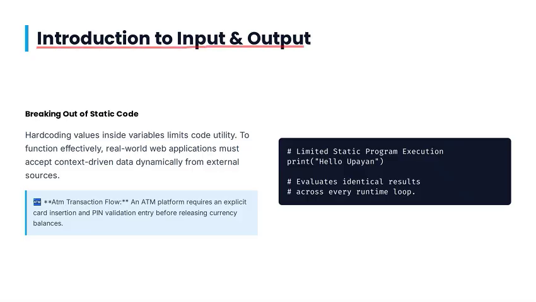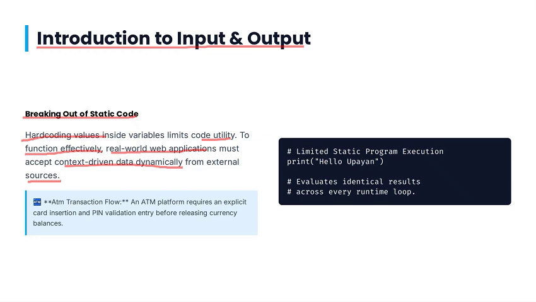So, breaking out of static code, hard coding values inside variables limits code utility to function effectively. Real world web applications must accept context driven data dynamically from external sources. Let's take an example of an ATM transaction flow.